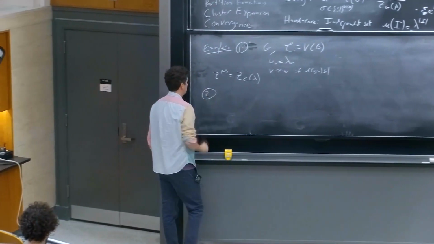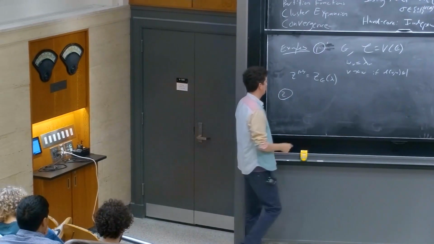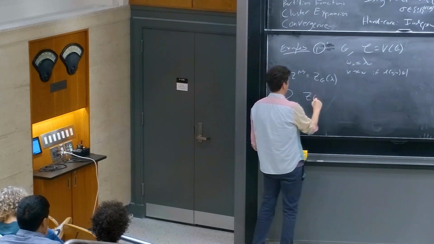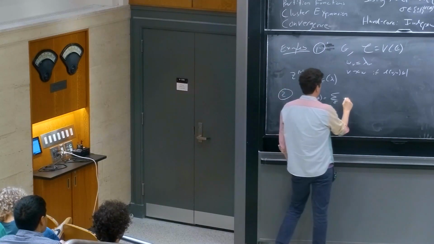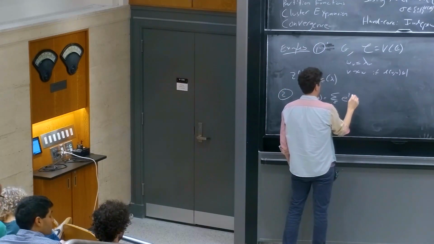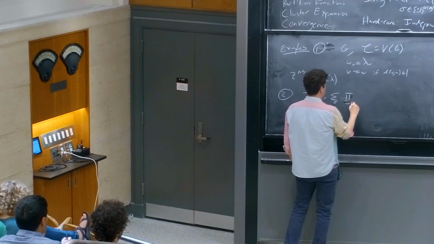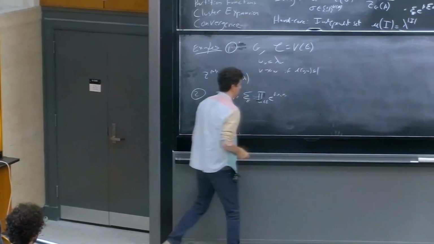Example 2, now this is going to get a little more interesting. Let's take the Ising model again. Okay, so let's write the partition function of the Ising model. Sum over sigma e to the, let's write it like product over edges uv of e to the beta sigma u sigma v.